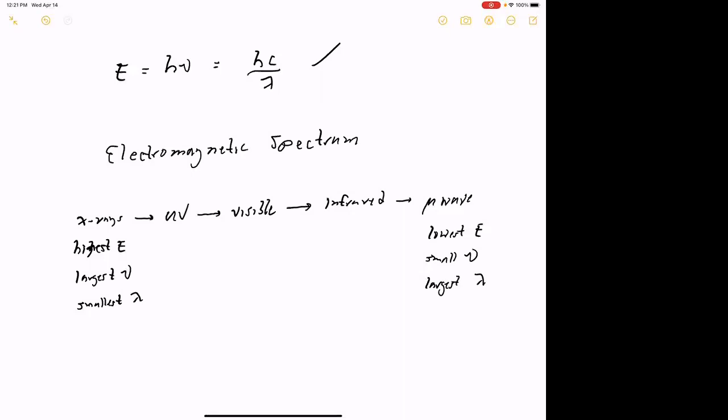Now, as it turns out, we don't have to worry too much about all these different kinds of electromagnetic radiation. The kinds that we're going to ultimately worry about in this chapter are these two, the ultraviolet and the visible. The reason we worry about these is because they're the ones that interact most readily with atoms, and that's what we're ultimately trying to do.